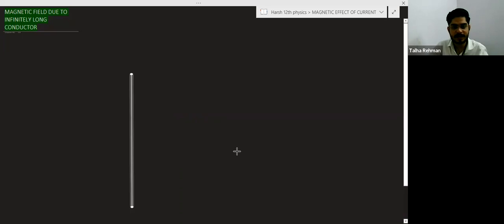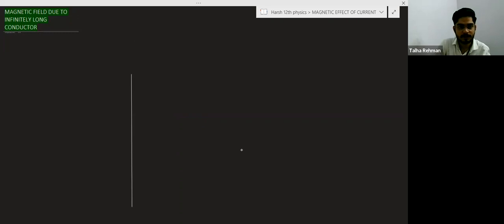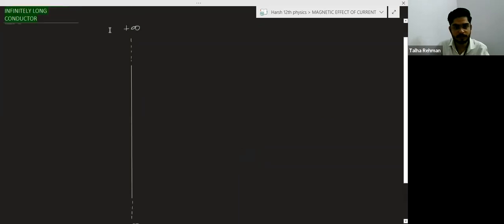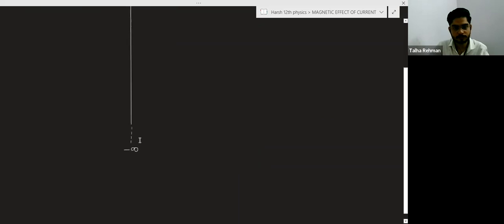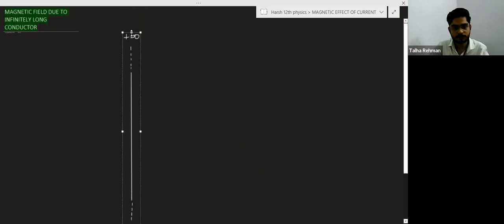This wire has infinite length, so this end is plus infinity and this end is minus infinity. Please write the heading first: magnetic field due to an infinitely long conductor.